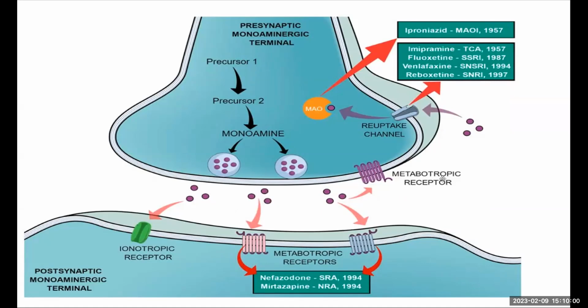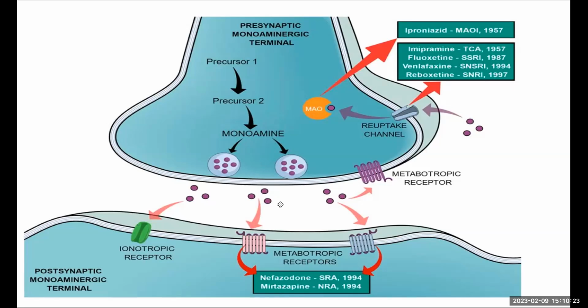But some of them are taken up by the reuptake channel and go into the presynaptic neuron. Some of them are metabolized by the MAO enzymes, and some are repackaged and recycled into the vesicles and sent back into the synaptic cleft.